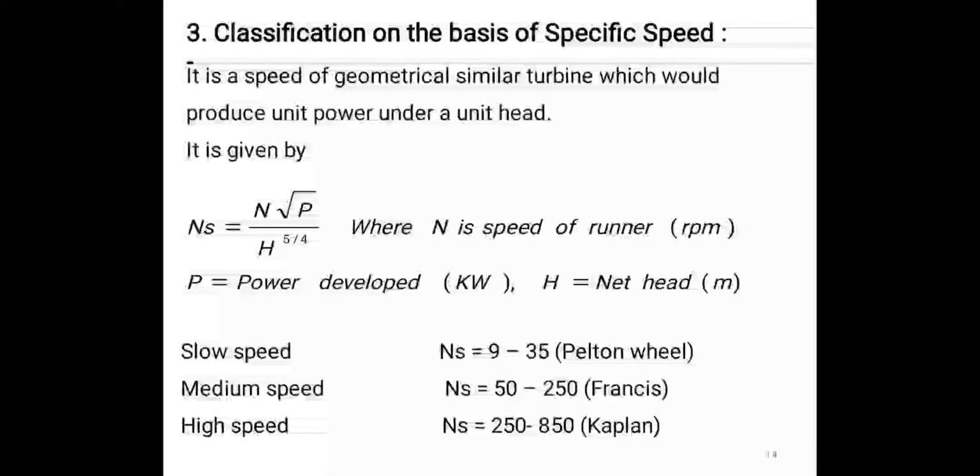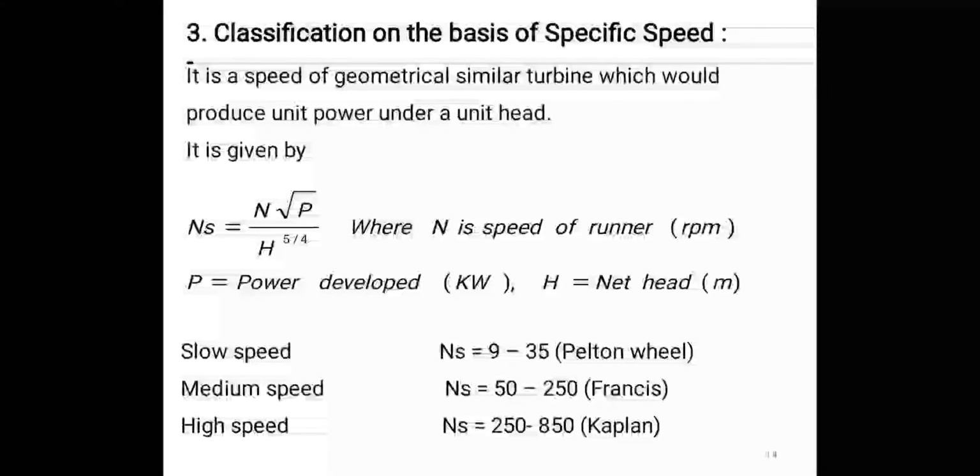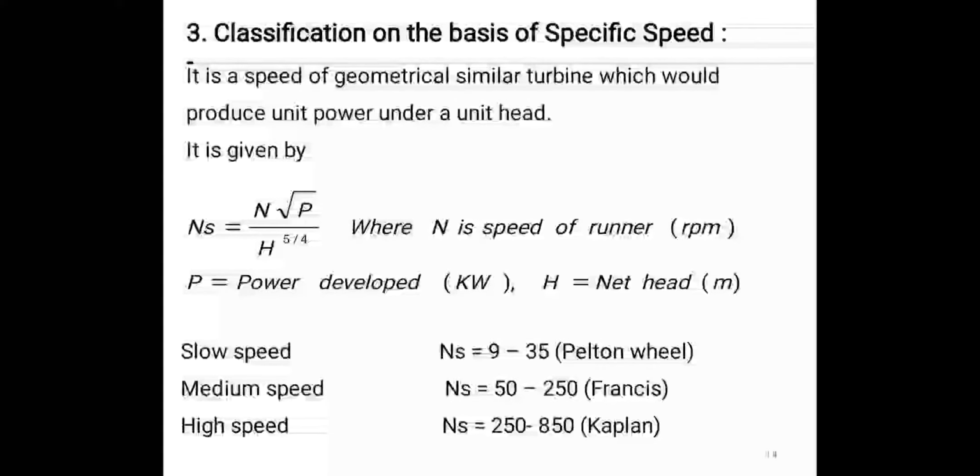Next is medium speed, that is specific speed between 50 to 250 rpm. Example is Francis turbine. And the last is high specific speed, where specific speed is between 250 to 850, and the example is Kaplan turbine.